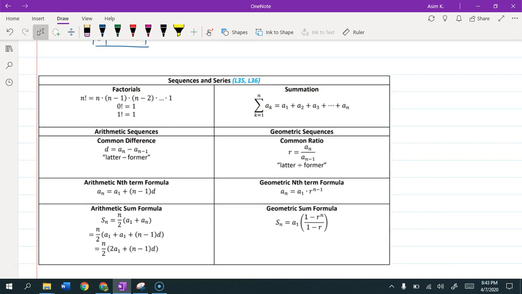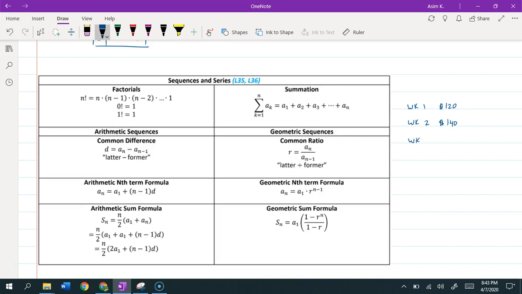Let's suppose that somebody in our class, let's take Al-Rayan, has a summer job, right? And in the first week of that summer job, let's suppose that Al-Rayan is making $120. And then we notice that in the second week, he makes $140.